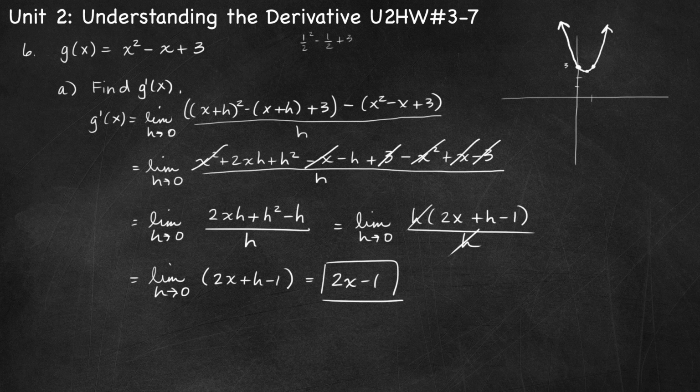Okay, now if we want to sketch our derivative graph, we have the equation for that. That's down here, 2x minus 1, y equals 2x minus 1. So that is a line that has a y-intercept at -1 and a slope of 2. So we have a point at 0, -1. We have a point at 1, 1.